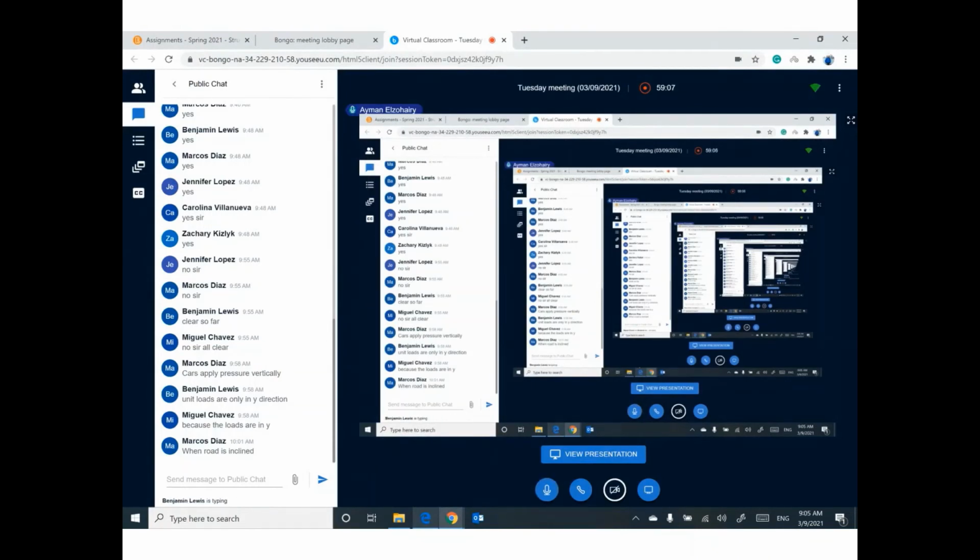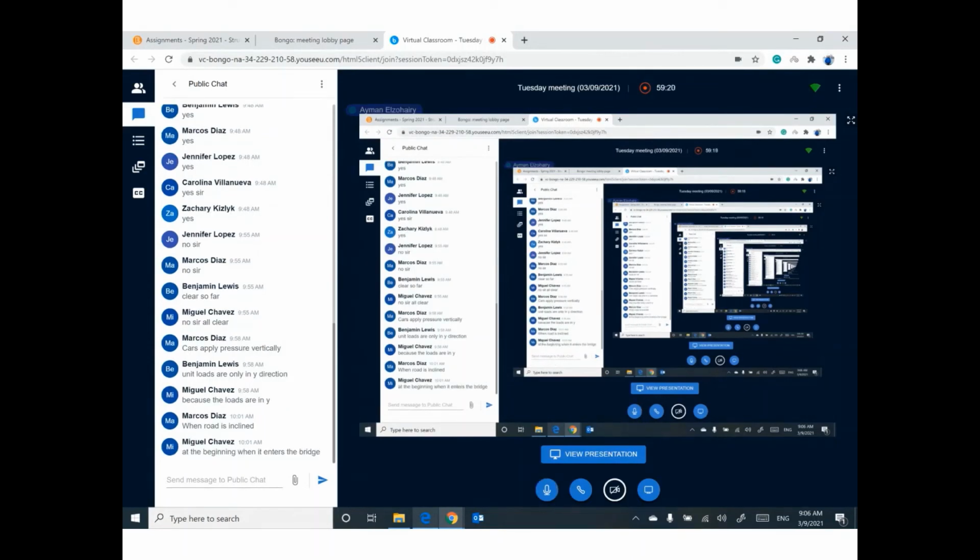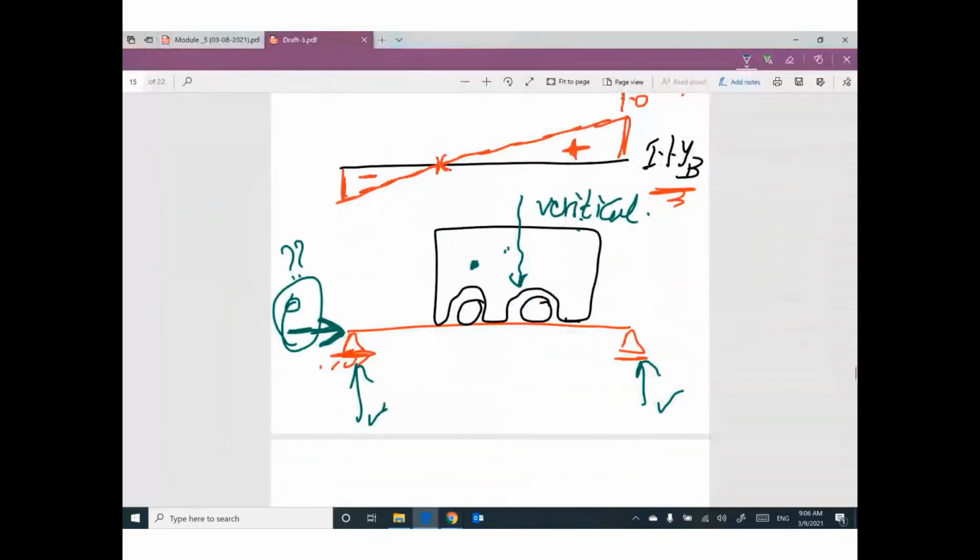No. For one instant, the truck will cause horizontal load. When you are trying to use your brake. Because if you are using brake, you have friction between the truck and the bridge. So you have horizontal load. This horizontal load will cause horizontal reaction. Anyway.